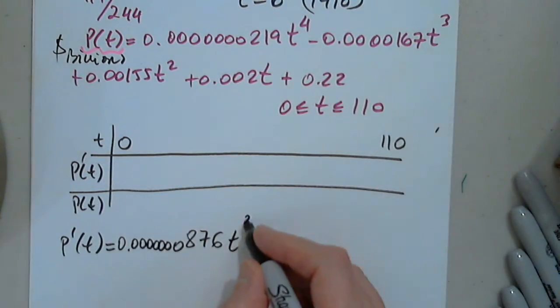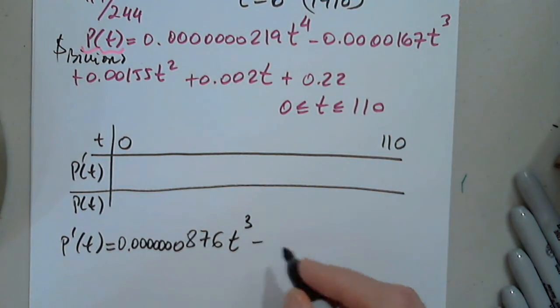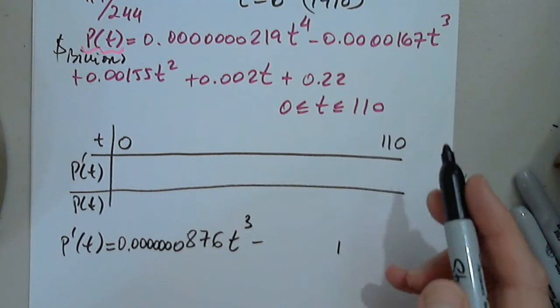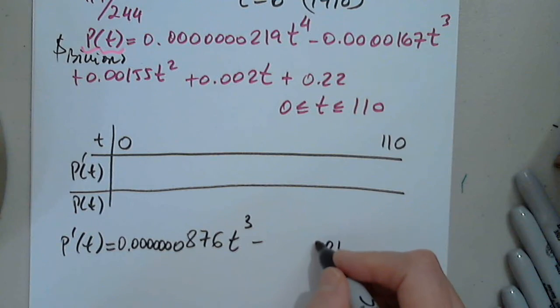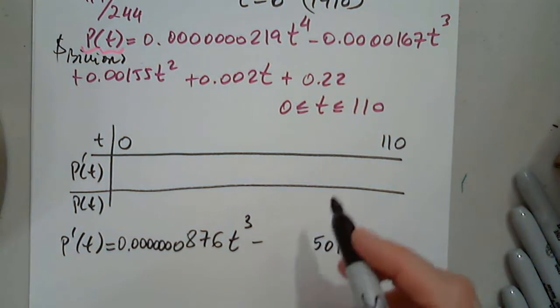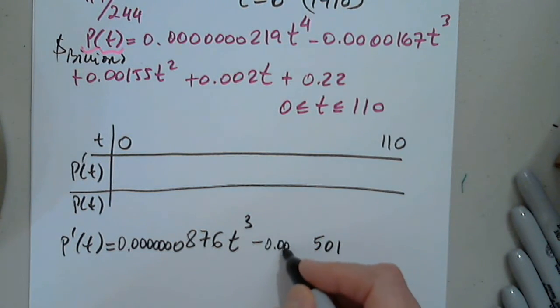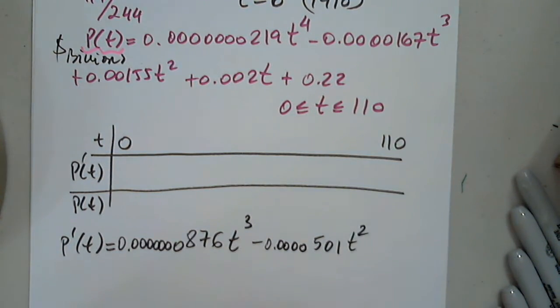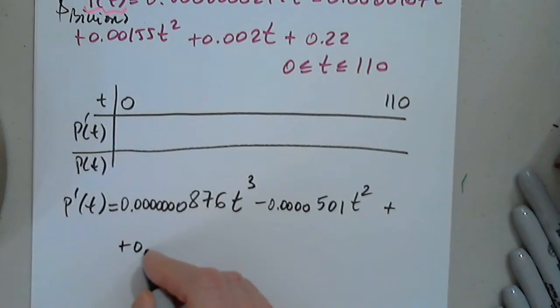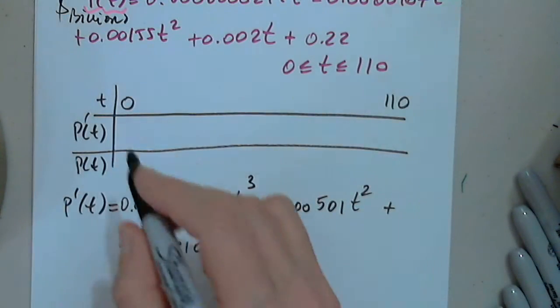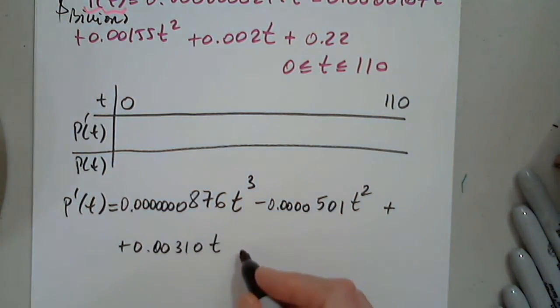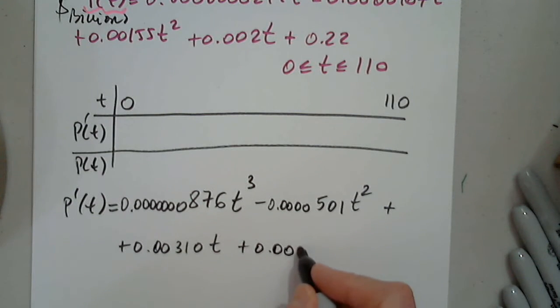T to the third minus 2, 18, 20, 4, 3 plus 2, 5, and still 4. And then T squared, and then plus 0.2. So this is 1 and 1, 2, 3, and 2 zeros. And then plus 0.002 T.